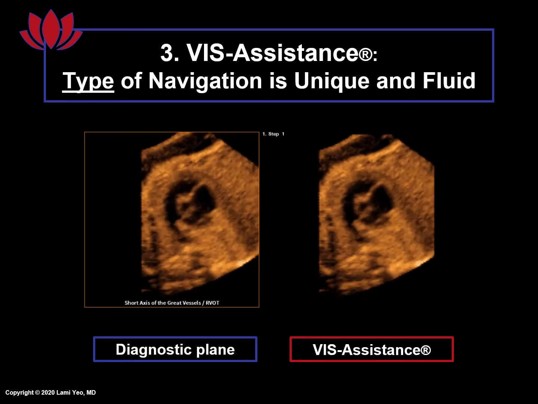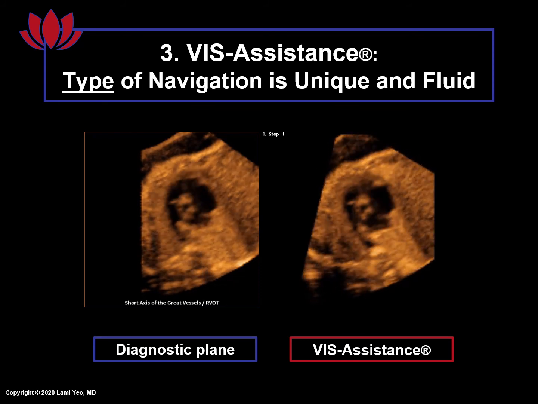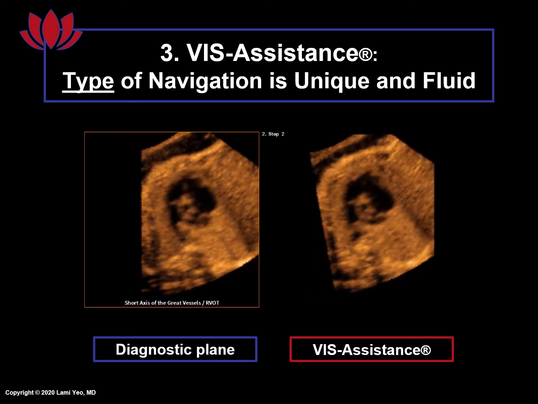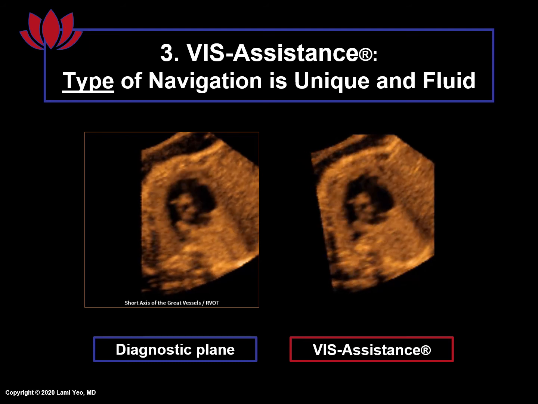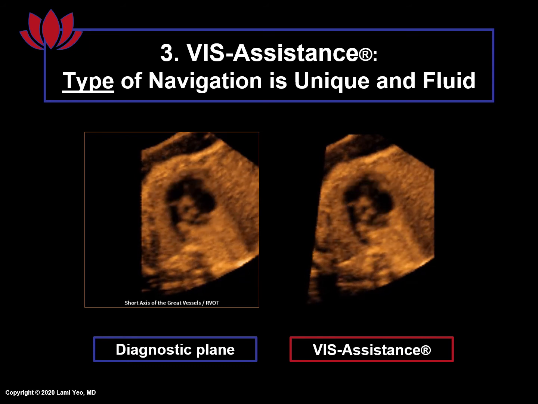Please observe the VISA image of the short axis view of the great vessels and right ventricular outflow tract. Notice that the type of automatic navigational movements through the stick volume by VISA are unique and fluid and would be manually difficult or impossible to perform by a user.